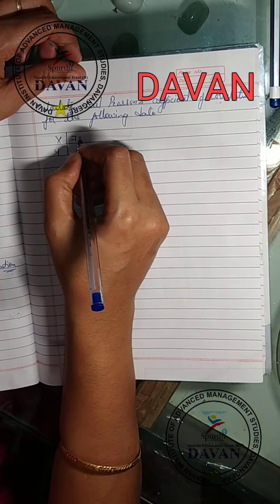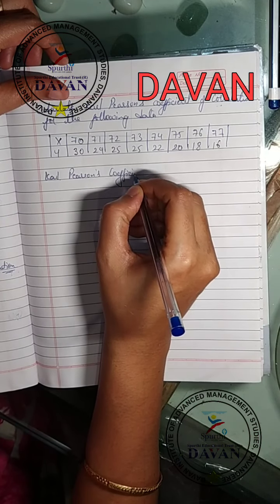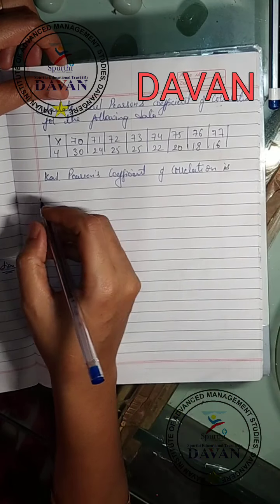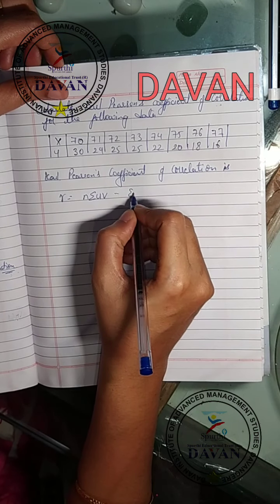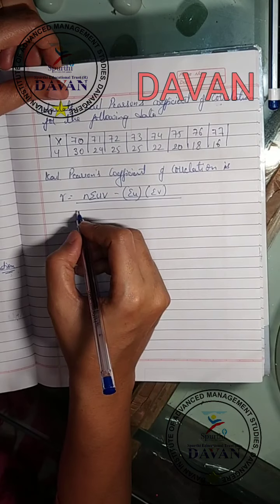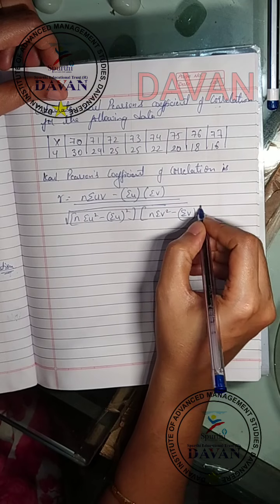So for this also you can make use of the previous method, or there's another method wherein the formula is given by: Karl Pearson coefficient of correlation r is equal to N into summation UV minus summation U into summation V, whole divided by square root of N into summation U square minus summation U the whole square, into N into summation V square minus summation V the whole square.